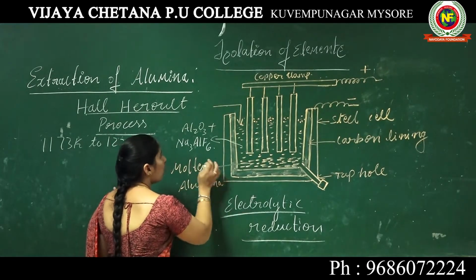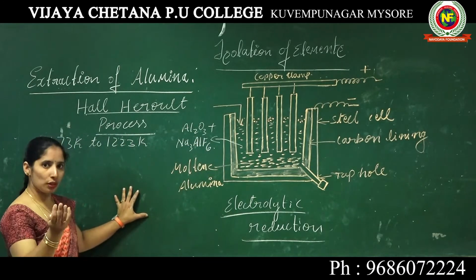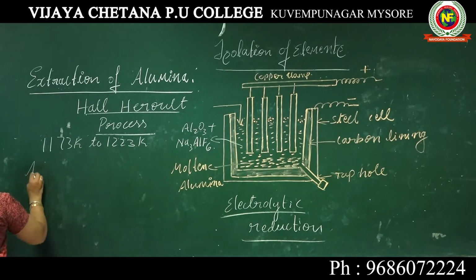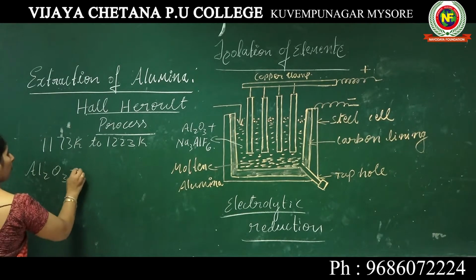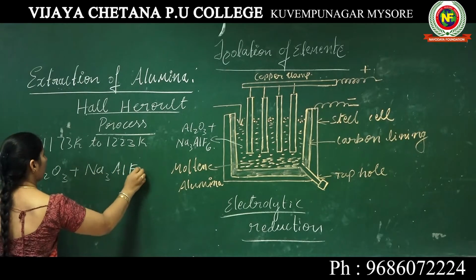Here we have molten alumina, that is Al2O3 in the molten state, plus Na3AlF6.